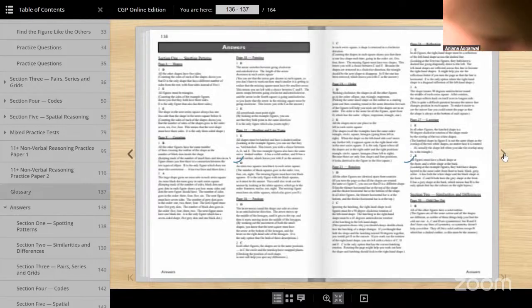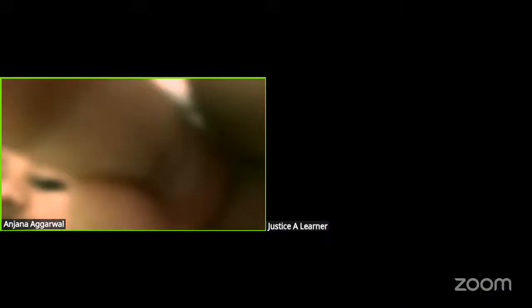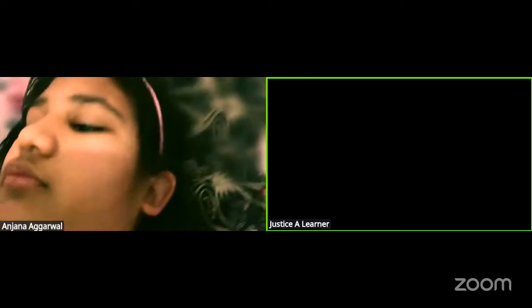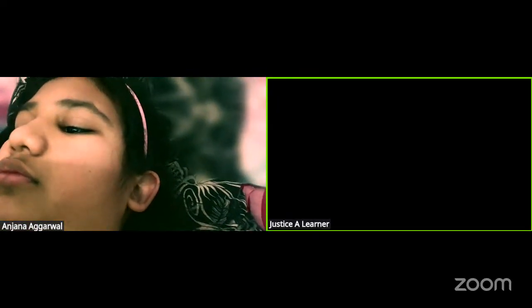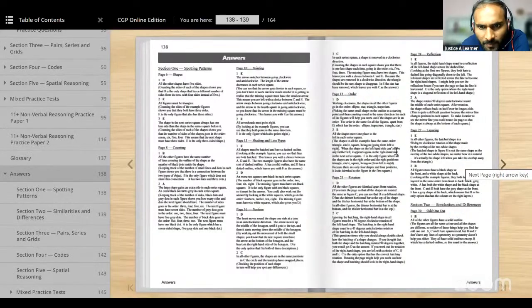I don't know why. It's not working for any of the pages. Wait. Can you see the screen now? It's still loading for me. Yeah, here it is, I guess. Page number 21. It's still loading. Oh no, never mind, it's not loading.